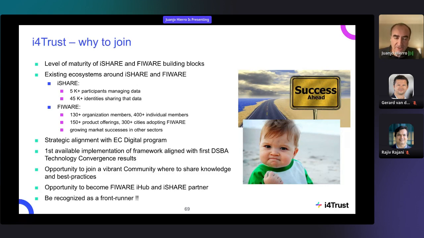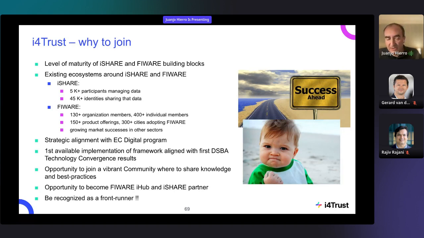When we talk about iSHARE, we are talking about more than 5,000 participants managing and sharing data, with more than 45,000 identities sharing data in the data spaces they support.